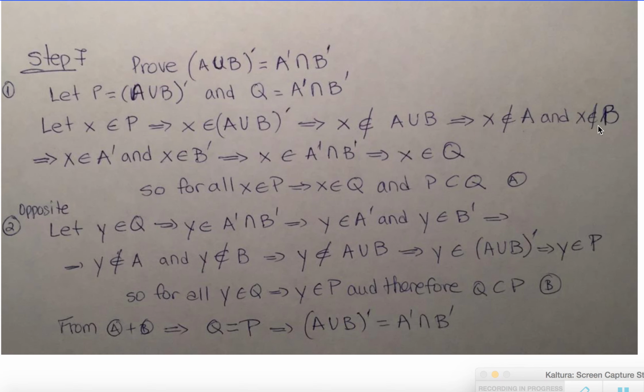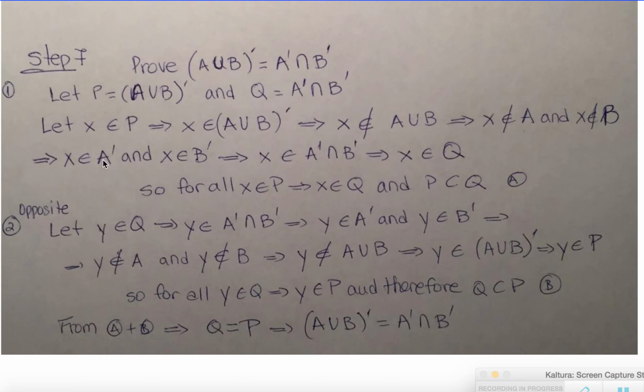So we continue from here and say that since X does not belong to A, it means that X belongs to the complement of A. The complement of A is everything besides A. Makes sense? Same thing for B: X belongs to B complement.